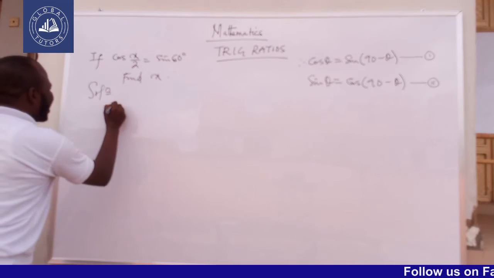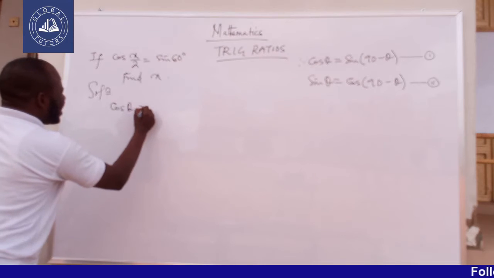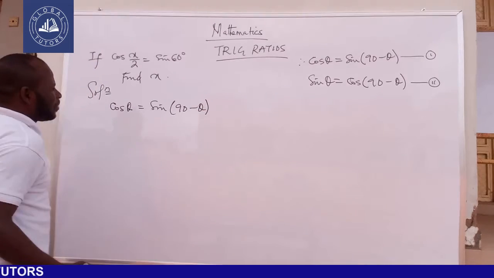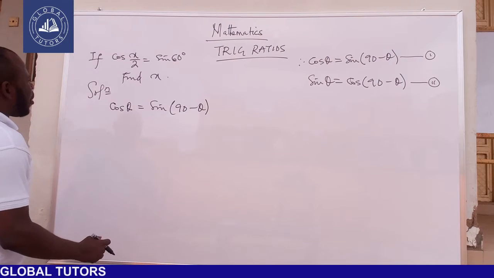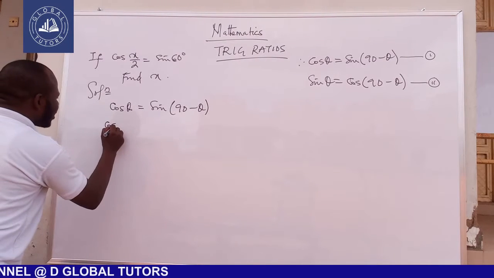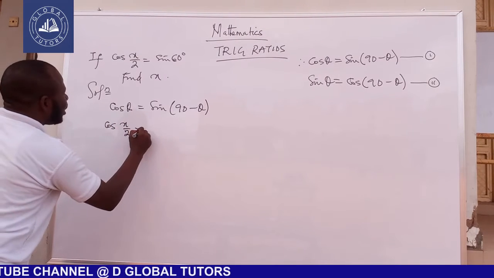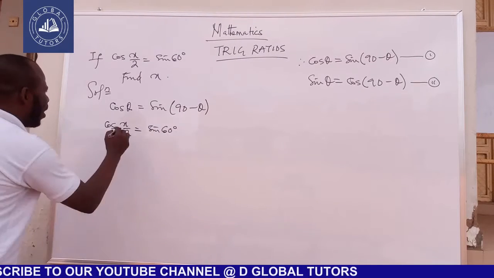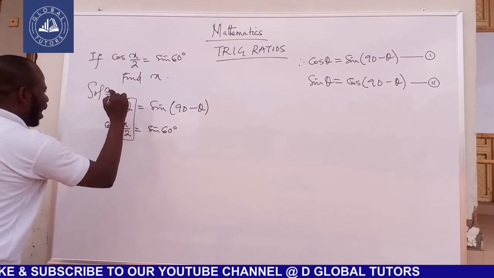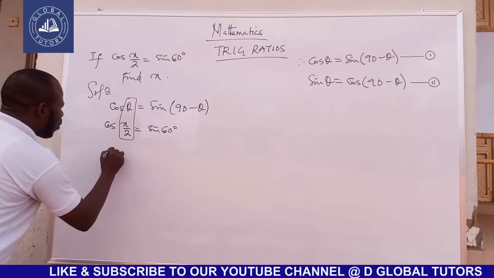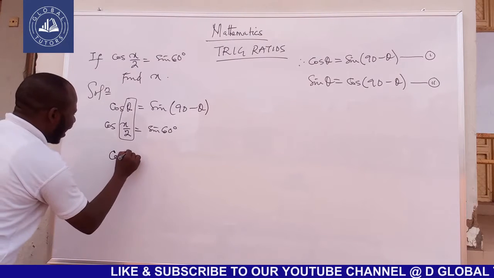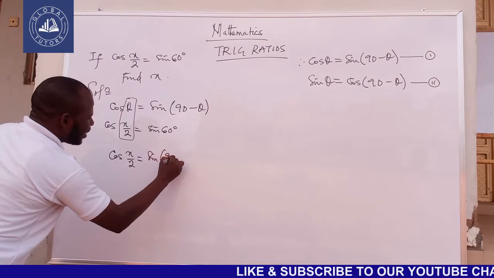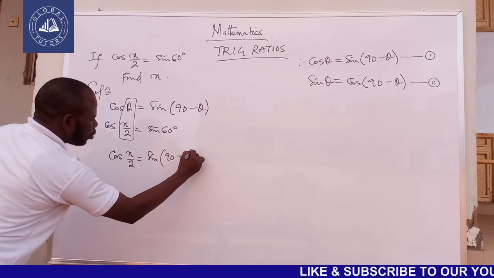Now, we know that cos theta is sine 90 minus theta. So what are we given in the question? Cos x over 2 equals sine 60 degrees. So everything here is theta. So I can say cos x over 2 is the same thing as sine 90 minus x over 2.